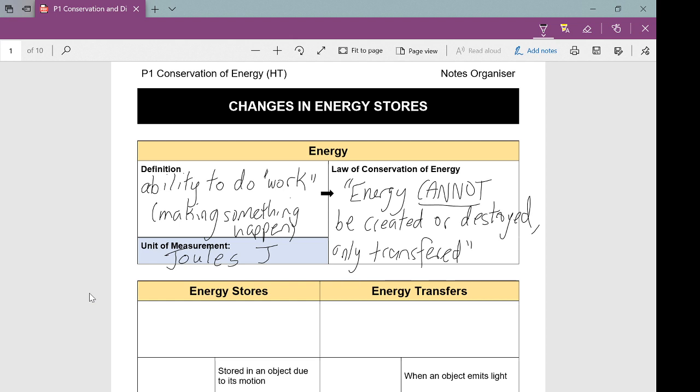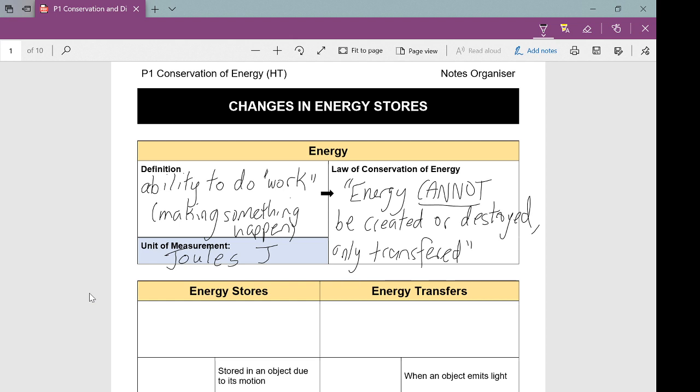So for example, you turn off your lights. Well, that light energy that's coming from your light bulbs, that just didn't disappear. It went somewhere. It got transferred to the environment. So that energy got transferred to your surroundings to light up the room, even though the actual light bulb itself lost its light energy.